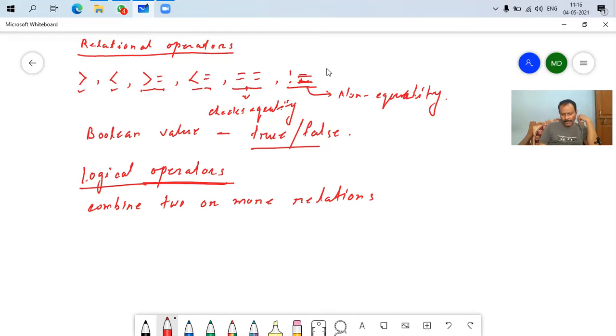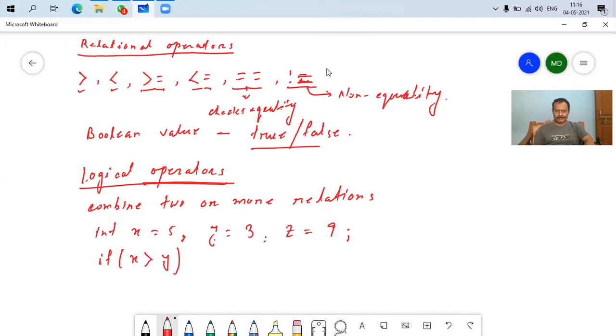Now, how do we do that? Say, y equals to 3 and z equals to 9. So these are the three variables we have declared. We can check using the relationship if x greater than y.